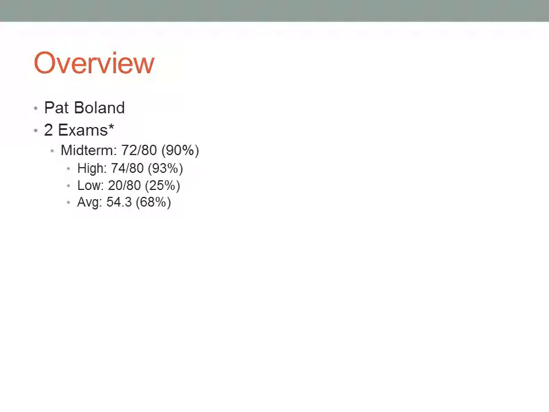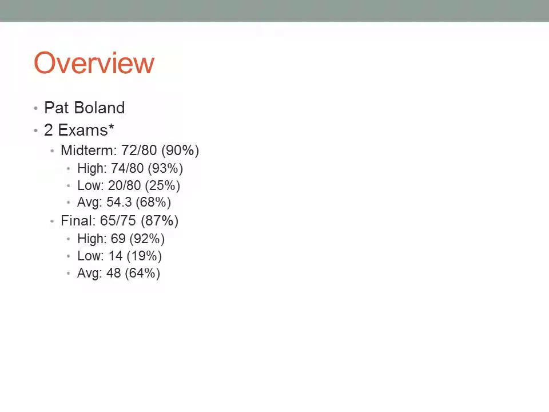For the midterm I got about 90%, and the average was 68, and on the final I got an 87, average 64, and according to Pat, this is expected. The average is expected to be in the 60s for any University of Michigan math course. So I guess that is one way to measure how the summer semester compares to regular semesters.